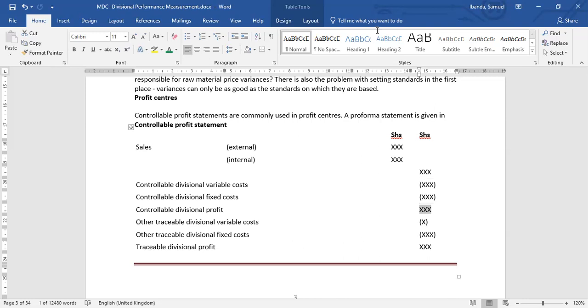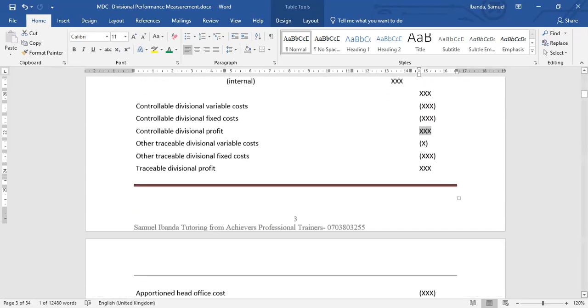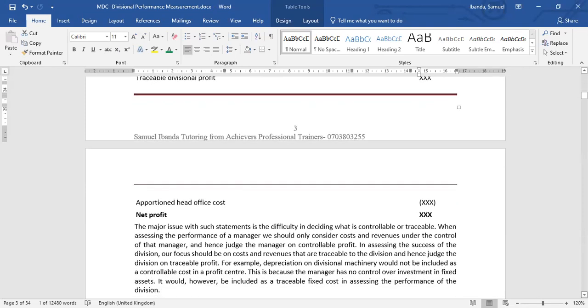Okay, so that is important for us to understand. And then, of course, we have this last part, which is called the apportioned head office cost. With the apportioned head office cost, this is usually a cost that the head office just apportions, maybe based on different parameters.